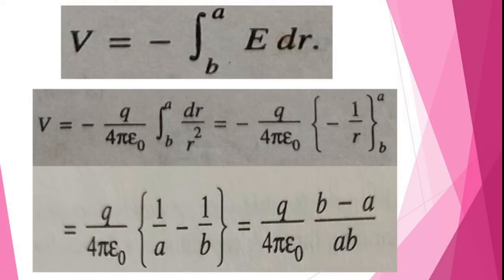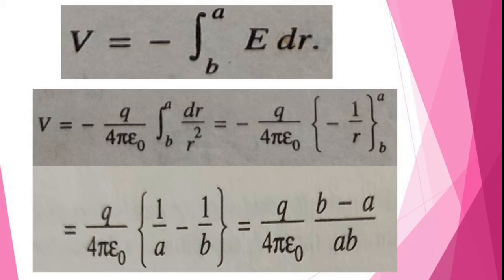Now we know the expression for E, that is 1 by 4 pi epsilon 0 q by r square, and dr is there. Taking the constants outside, integrate between the limits a to b, 1 by r square dr. Integrating it and giving the upper limit and lower limit, you will get the expression as q by 4 pi epsilon 0 into 1 by a minus 1 by b.